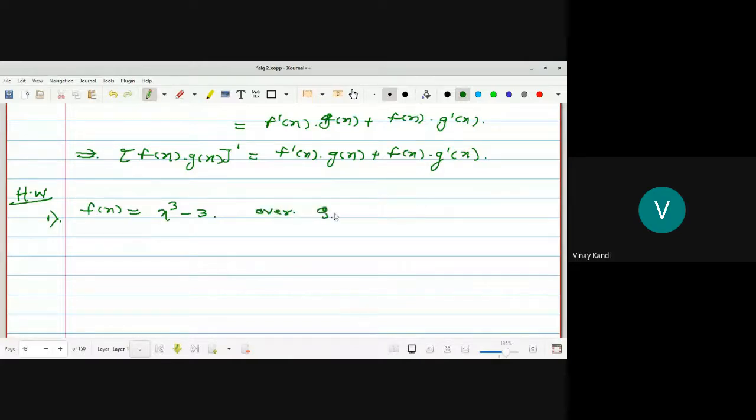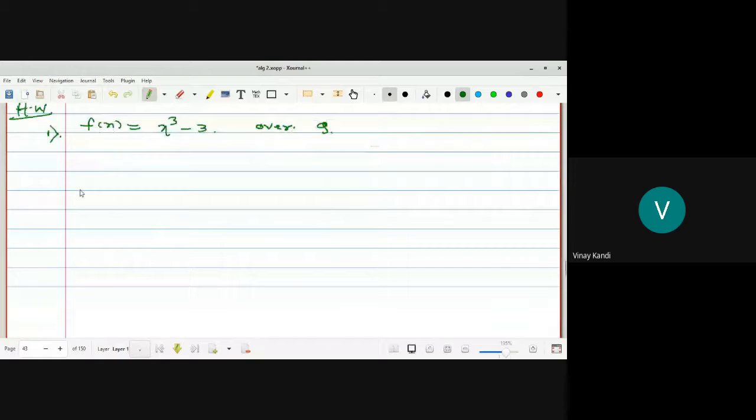Second one, f of x is equal to x raised to 4 plus 4 over the field of real numbers.